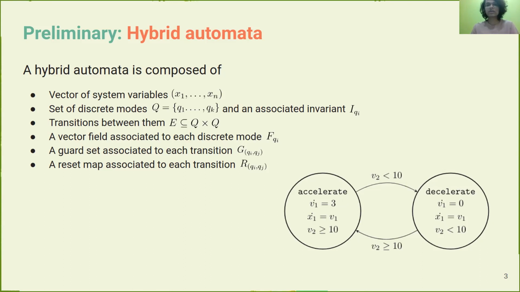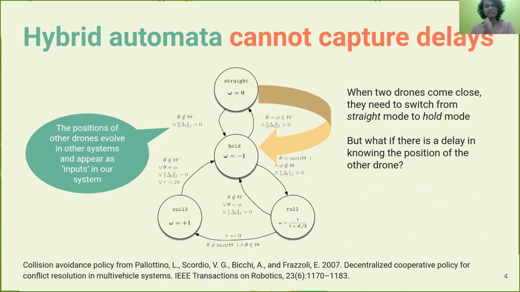Now, this was a quick overview of what a hybrid automaton is. Here we're going back to the hybrid automaton model proposed for the collision avoidance for drones in this paper here.